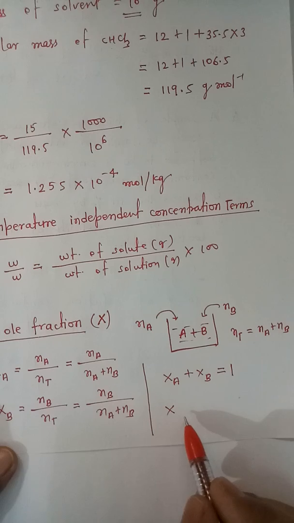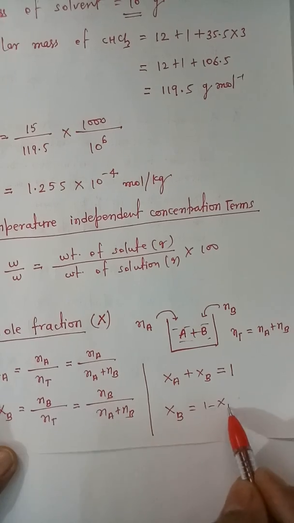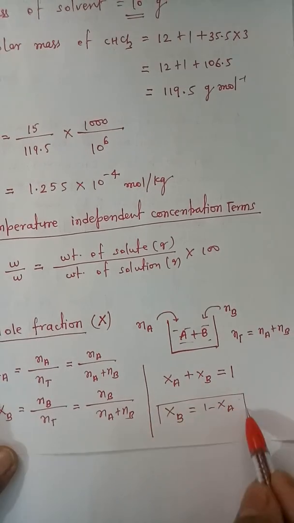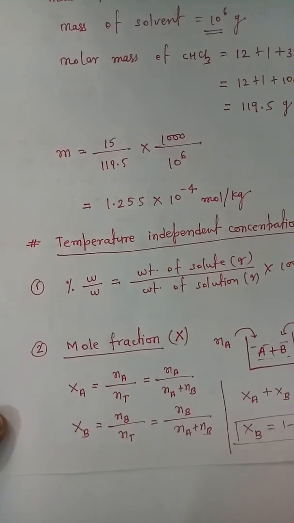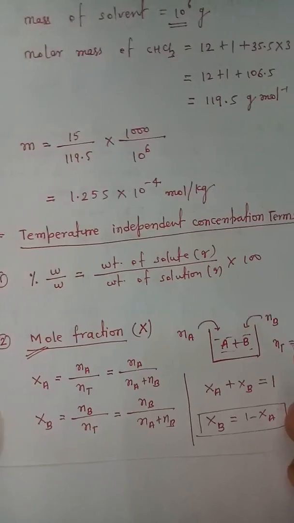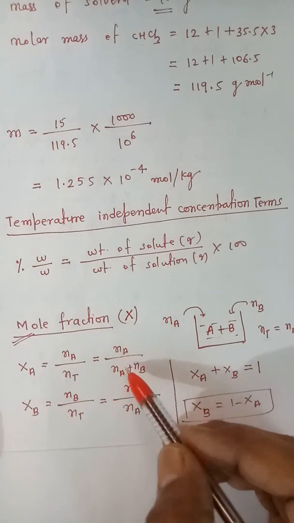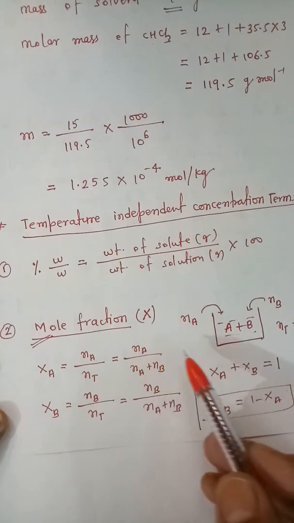Or if you want to find the mole fraction of component B, Xb equals 1 minus Xa. Mole fraction is a unitless quantity because we have the fraction of moles, that's why it is unitless.